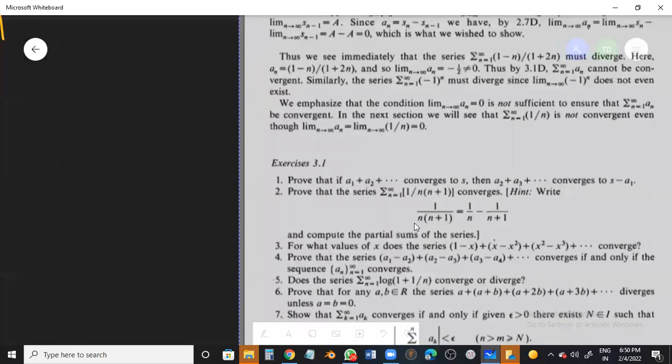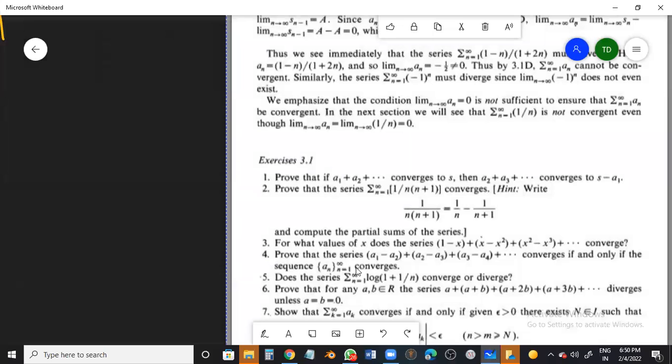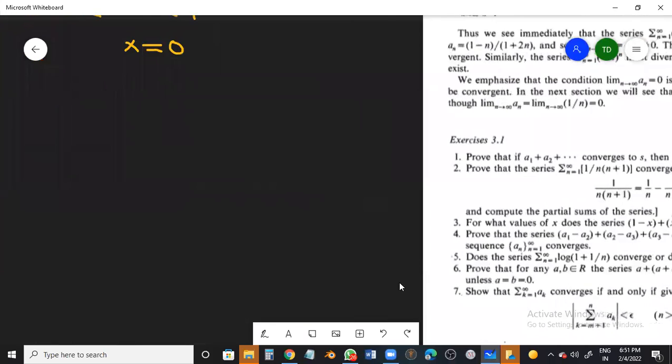Prove that the series a1 minus a2 plus a2 minus a3 plus a3 minus a4 plus and so on converges if and only if the sequence an converges. I repeat, the series a1 minus a2 plus a2 minus a3 plus and so on converges if and only if the sequence an converges. So let us go for this.